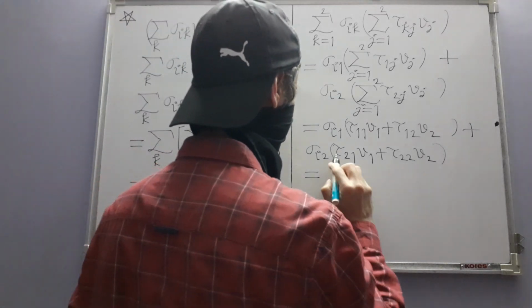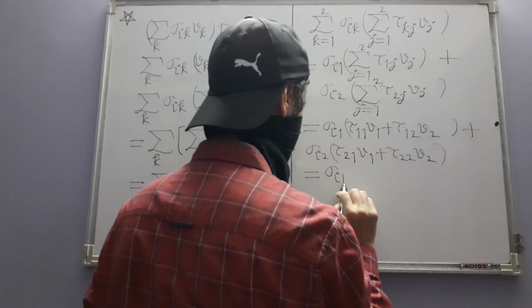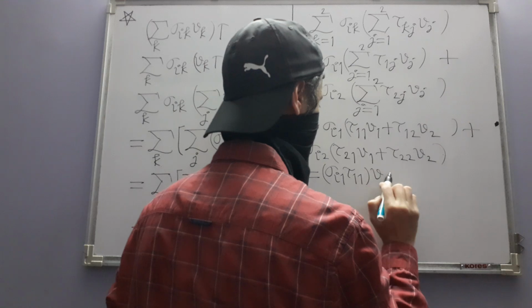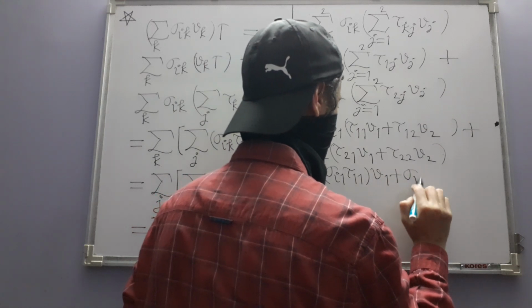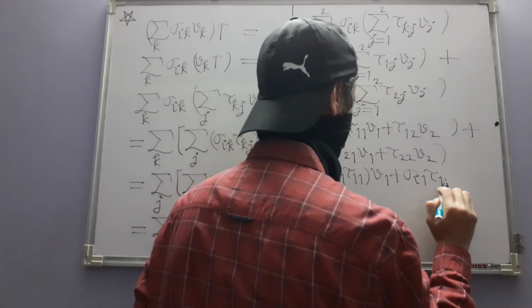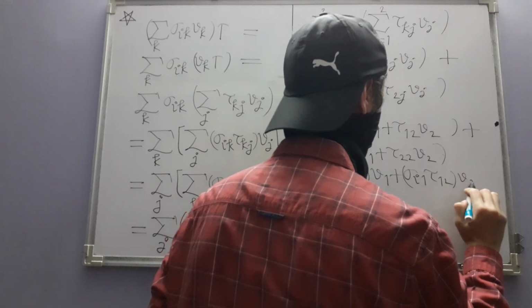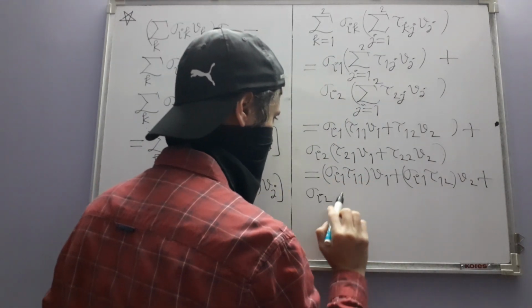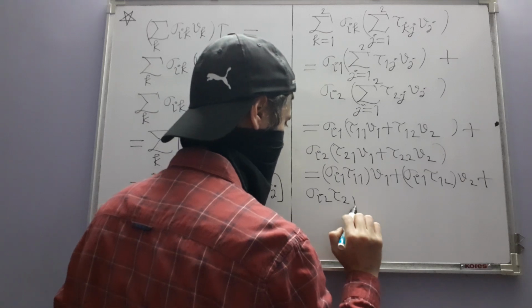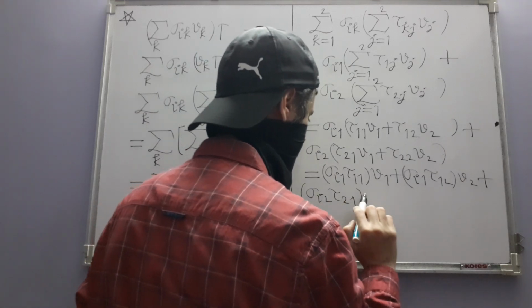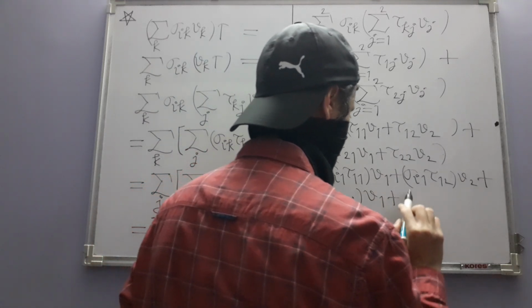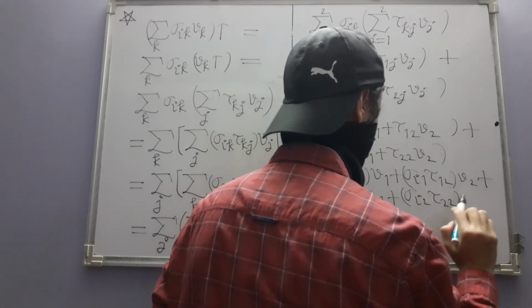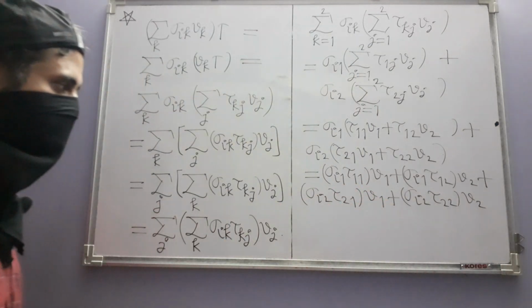So if I do that, I will have this: sigma i1 tau 1 2 v2 plus sigma i2 tau 2 1 v1 plus sigma i2 tau 2 2 v2.